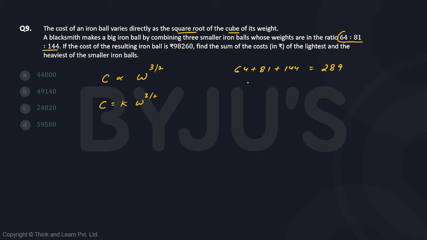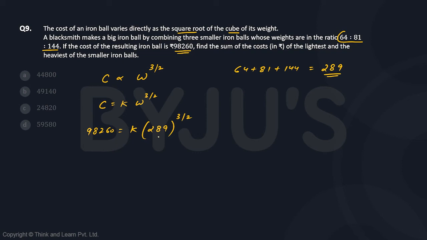So if I combine these three balls, the net weight is 289 and the cost is 98,260. So I can make an equation: 98,260 is equal to K, and weight here is the combined weight 289 whole raised to the power 3 upon 2.